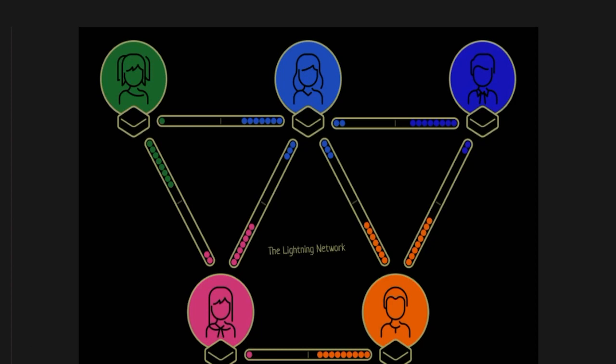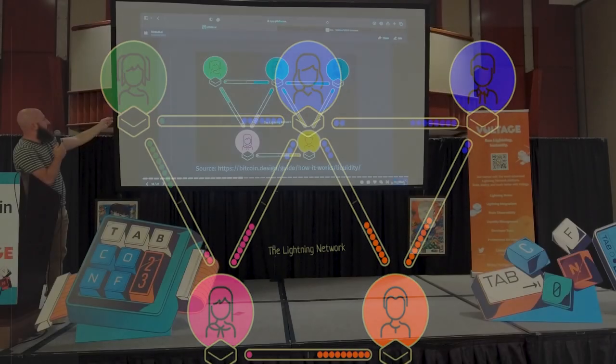So, for example, if green girl wants to pay blue girl, she can only pay 1 circle, right? 1 whatever that is, 1 Satoshi, I guess. But blue girl can pay, what was that, 7. But if pink girl wants to pay blue girl, well, actually, that's probably not right.